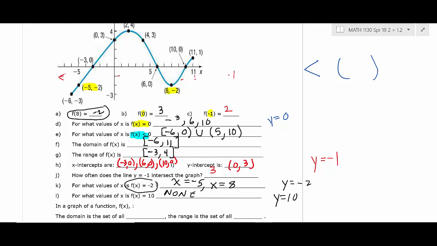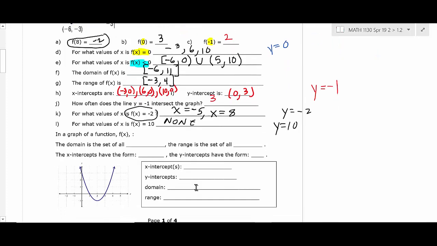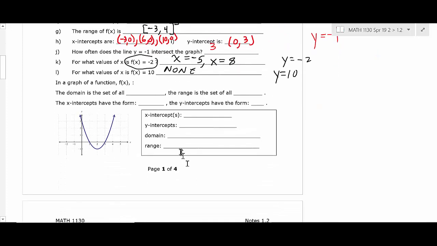Okay, all right, now we're going to move on and start looking at some other functions, and that's mostly what we do in this section, graph interpretations. Okay, so the domain, somebody said a minute ago, what are you looking for in a domain? You're looking for all of the x values. Okay, the range, you're looking for all of the y values.